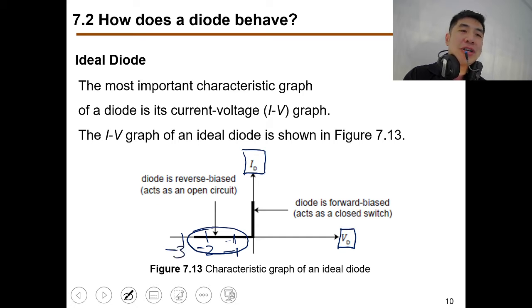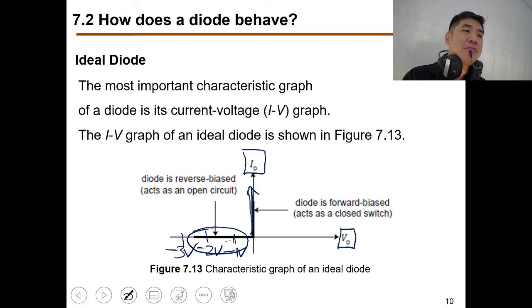You have voltage in the opposite direction, -1 volt, -2 volt, -3 volt, it also gives you 0 current because it's the wrong direction. But once it's in the correct direction, plus 1 volt, plus 2 volt, plus 3 volt, it goes up. You plus 1 volt here, it also lets current go all the way through.